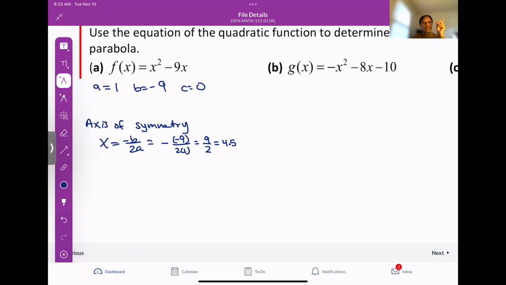Okay, one thing I want to be clear about. The axis of symmetry is not 4.5. The axis of symmetry is a line. So the axis of symmetry is x equals 4.5 or x equals 9 over 2. You can write it either way. You have to write the x equals part because that is how we know that we're writing an equation of a line and not just a number.